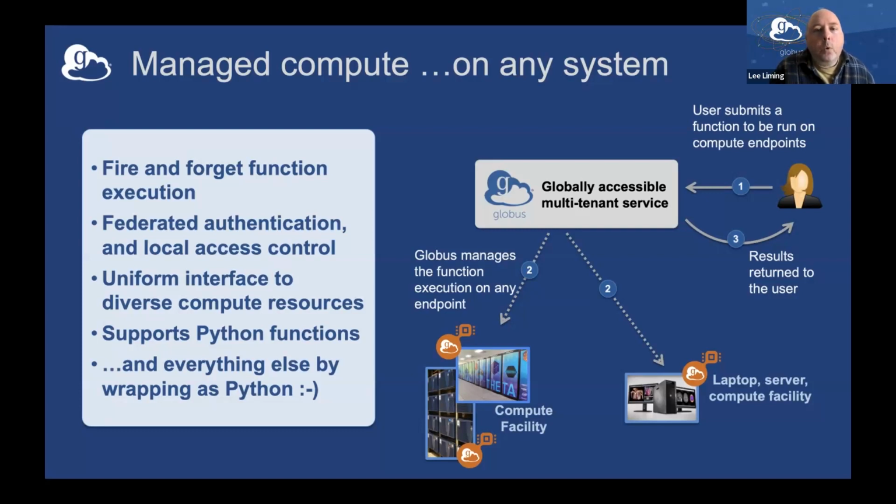Or if you even have access to a national facility like one of the Department of Energy's leadership class facilities or NSF's high performance computing systems, you can install the Globus Compute agent on that system and run functions on it remotely from your applications using Python calls. So it's a very convenient way to take advantage of compute systems for things that need more computing power than you have available on wherever your application is running.